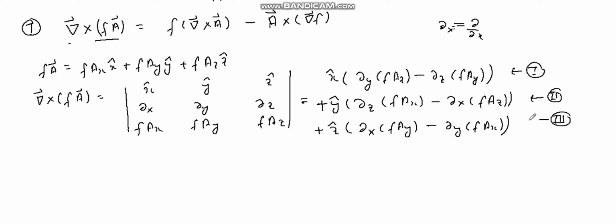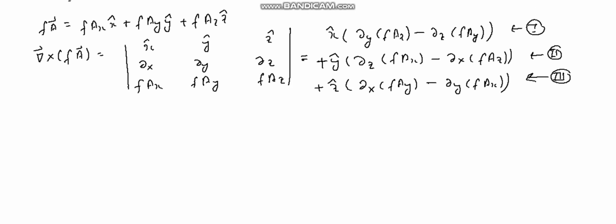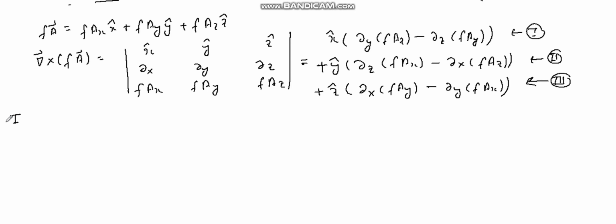We are going to expand all of the three terms. The first is del y of f of az minus del z of f of ay.